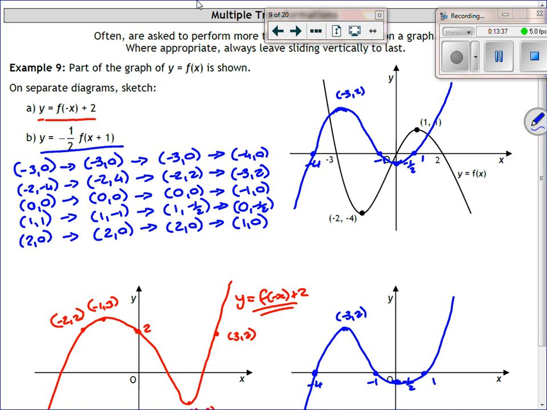The x value stays the same. If the number is inside the bracket, it affects the x value, and it does the opposite effect. And that's all that's to it in terms of graph transformations. Let me just write in, this is the graph of negative a half f of x plus 1.